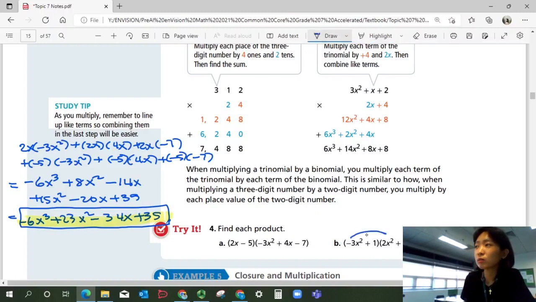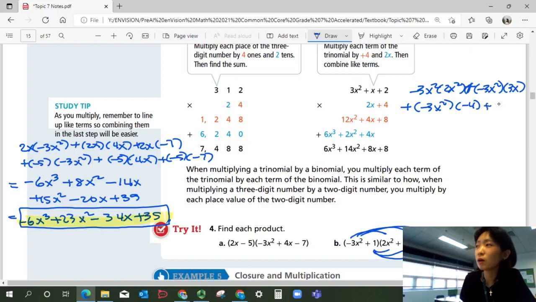You also distribute the first term with each of the terms in the trinomial, and the second term in the binomial to each term of the trinomial. And then you get negative 3x squared times 2x squared. And then you plus negative 3x squared times 3x. And then you add negative 3x squared times negative 4.